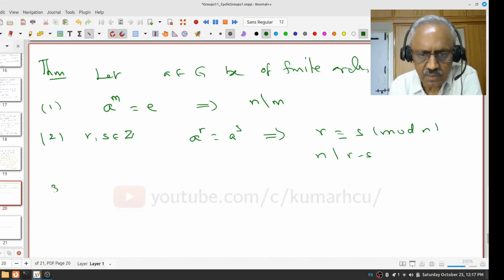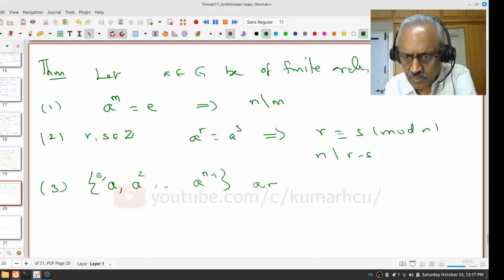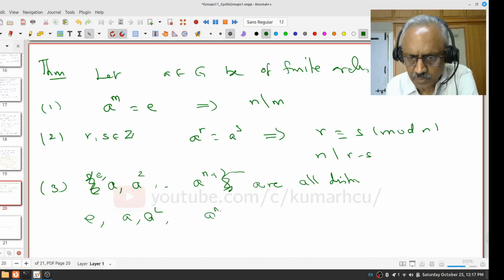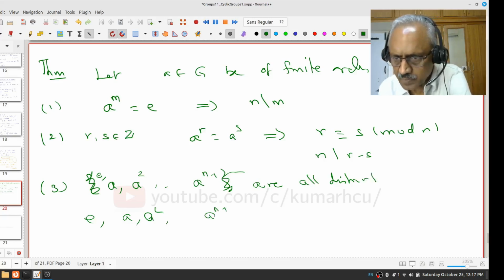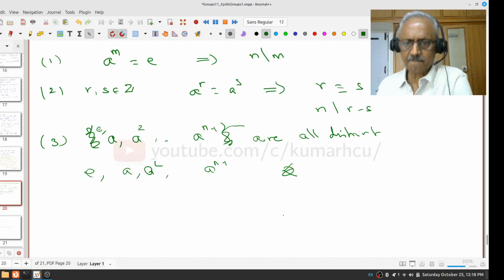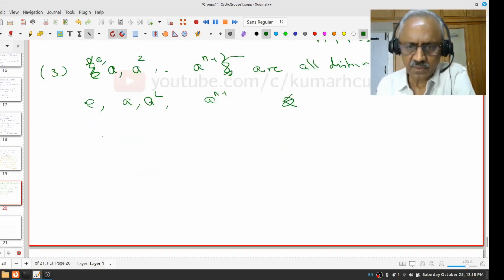And third, all the elements identity, a, a squared, up to a to the power n minus 1 are all distinct. That means this is this, okay.